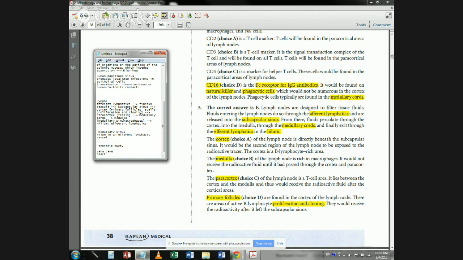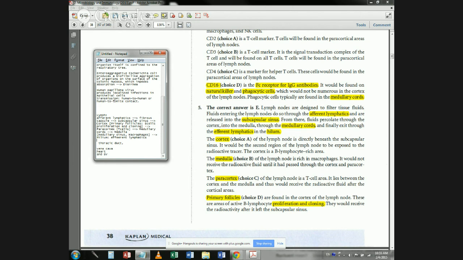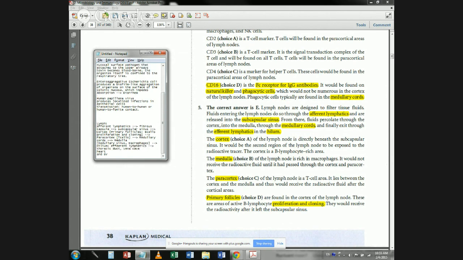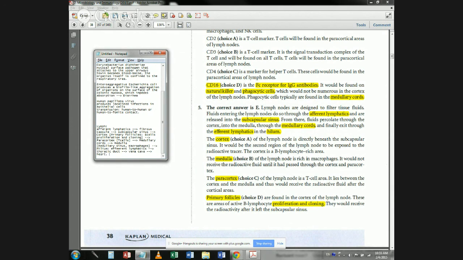Hilum, efferent, and from there you end up with the thoracic duct, which will eventually drain into the vena cava, which will enter the heart. The heart, and then it goes through all that jazz.